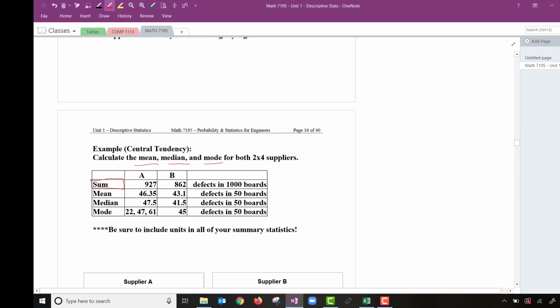The total number of defects for A was 927. The total number of defects for B was 862. We had studied 50 boards a day for 20 different days, so we had 1,000 boards from each company in total. So there were 862 defects in total out of 1,000 boards for supplier B, for example.